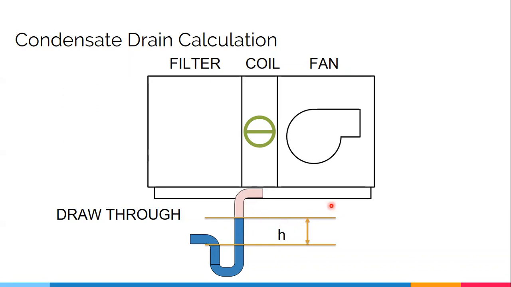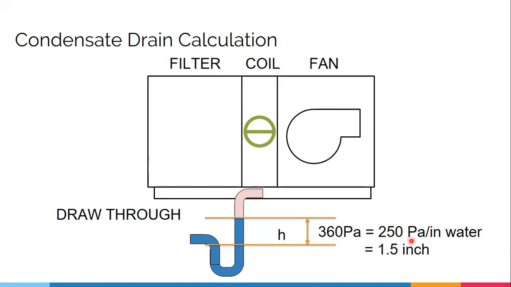It's easy. Earlier, we already calculated the fan static pressure. So assuming the total fan static pressure is the one that we have calculated, we could just simply convert this pressure into inches of water. That's how easy it is to know the height requirement of your U-trap.